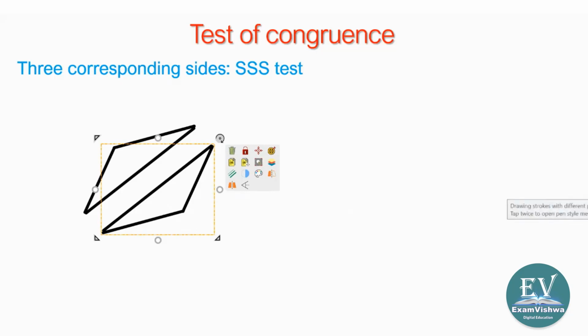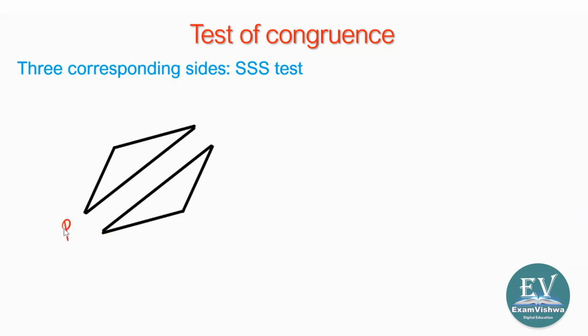If I name this triangle as P, Q and R, understood?